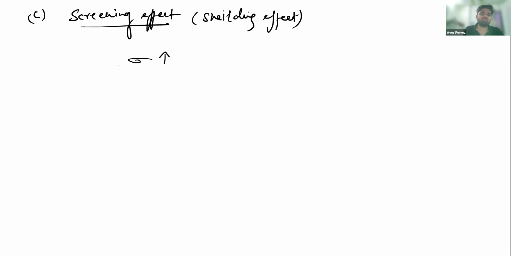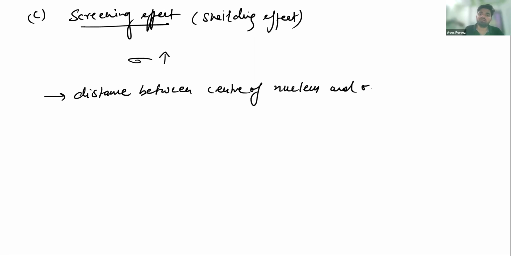The more the value of sigma, the more will be the shielding effect. So we can say the distance between the center of the nucleus and the outermost electron.